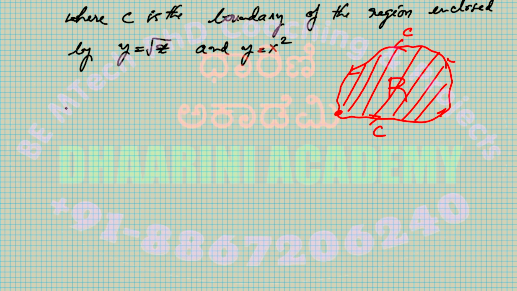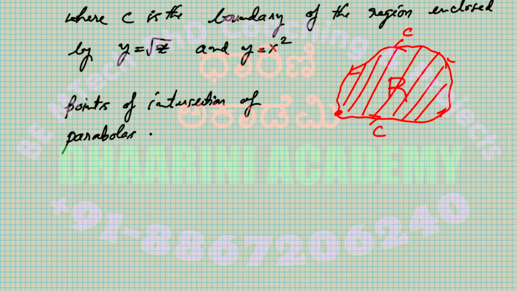Right. So let's try to find out the points of intersection of the parabolas. What you do, you can equate, both have y, so on one side I have root x, on the other side I have x squared, correct? So this means x equal to x to the power 4, right?